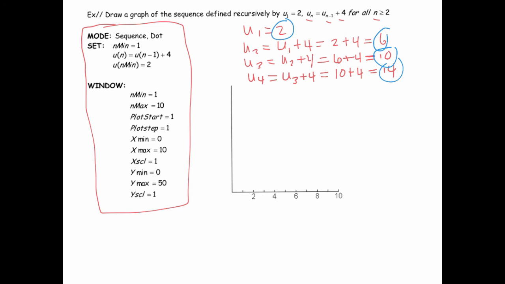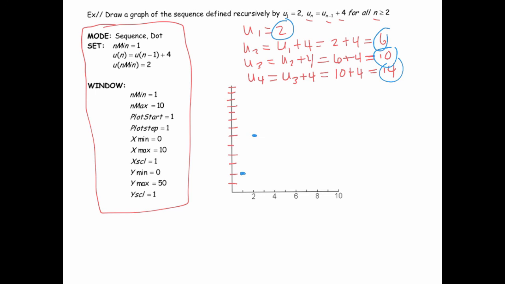So if we graph these, we should make a scale, I guess. 1, 2, 3, 4. So we're going to graph (1, 2), since the first term is 2. We're going to graph (2, 6).